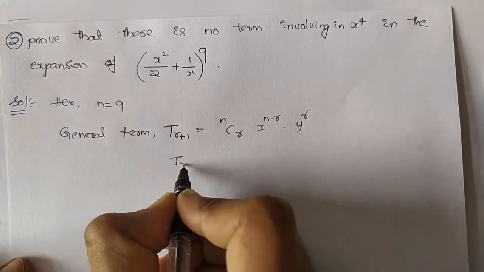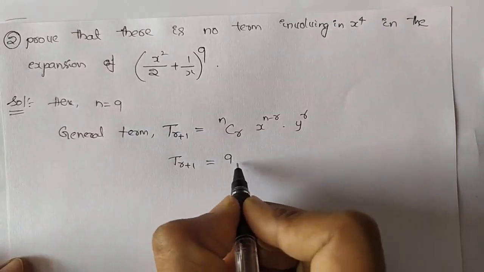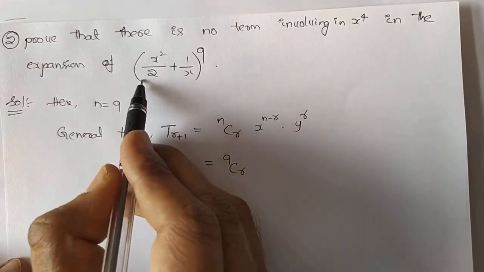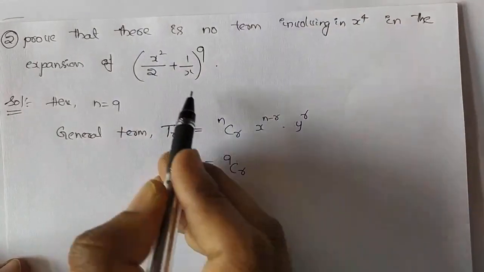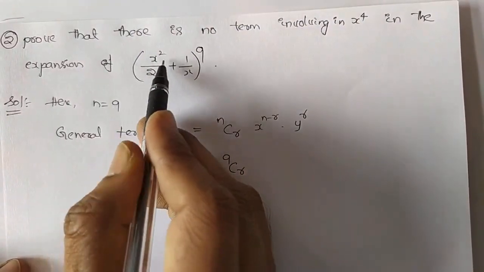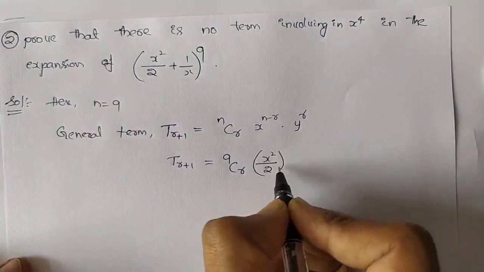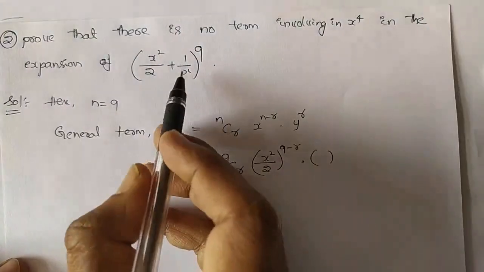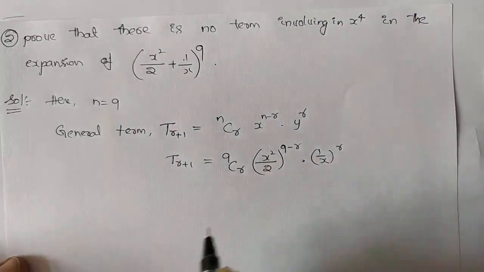So T r plus 1 equals 9Cr, in place of x we have x square by 2, so (x square by 2) whole power 9 minus r, into y power r, in place of y we have (1 by x) whole power r.